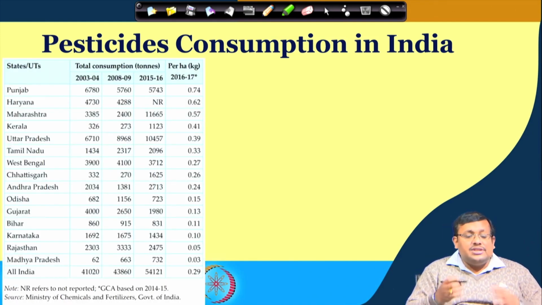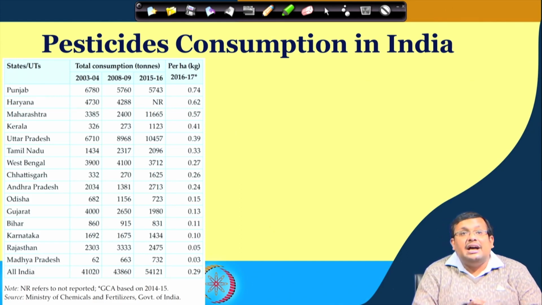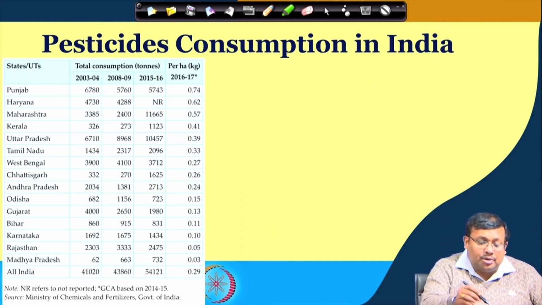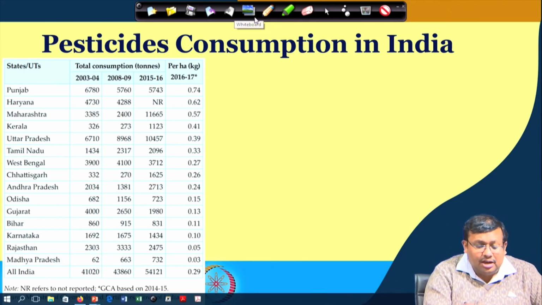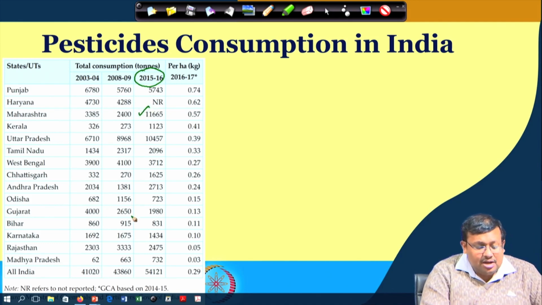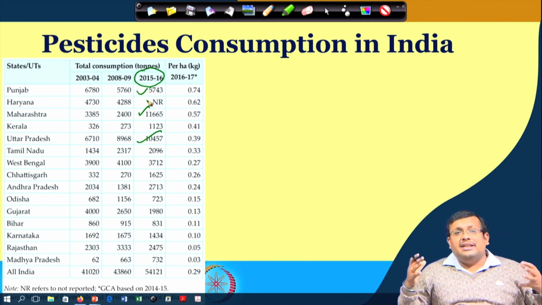If you see the pesticide consumption in different states, some important trends can be seen. First of all, in the latest data of 2015-16, the total consumption is highest in Maharashtra, followed by Uttar Pradesh, and then Punjab and other states.